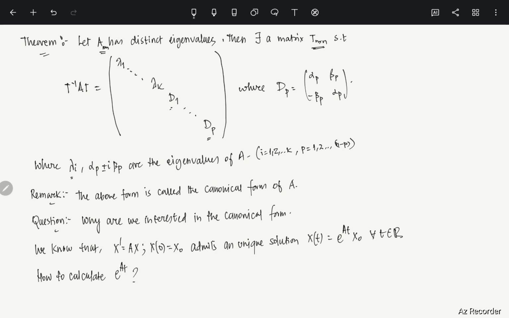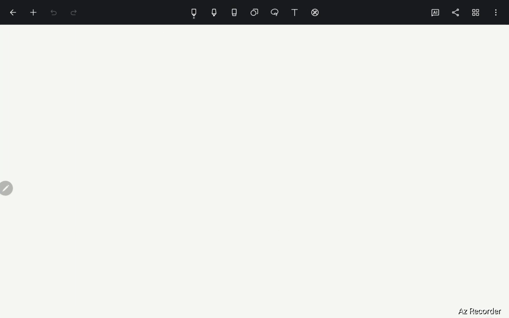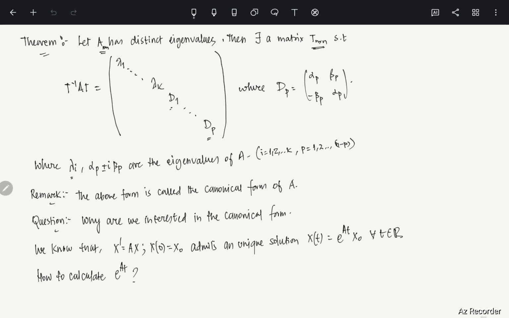Now you see, if A has distinct eigenvalues, so case 1, if A has distinct eigenvalues, then what happens? So A admits distinct eigenvalues. So you see, there is a T such that T inverse AT can be written as this diagonal matrix.